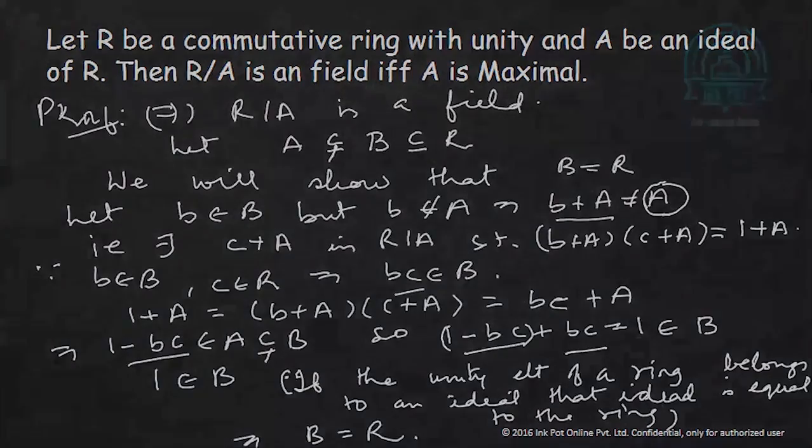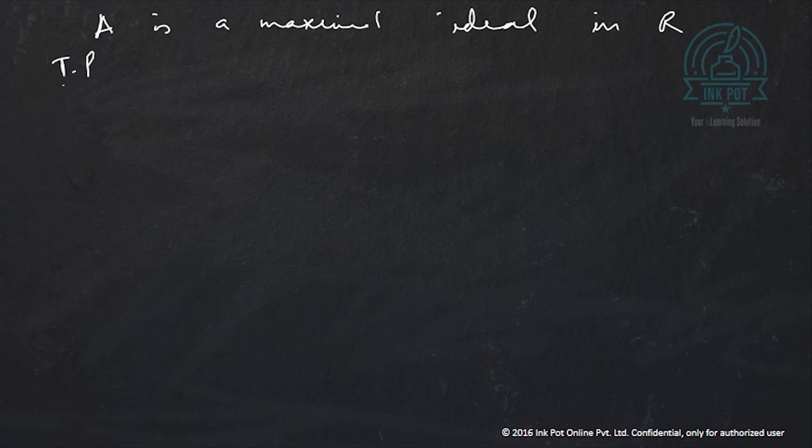We now assume that A is a maximal ideal in R. We will show that R quotient A is a field. So first of all, note that because R is commutative, R quotient A is commutative.